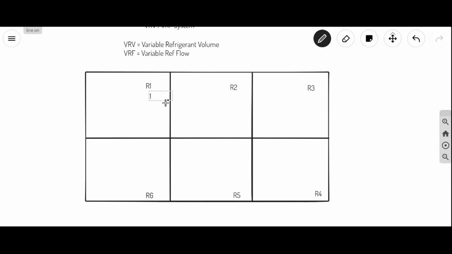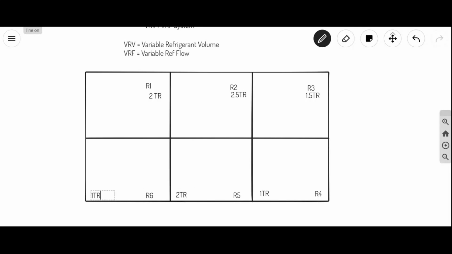It is 1.5 TR, right? 2 TR. It is 2.5. Here it is 1.5 TR. Here it is 1 TR, 2 TR.